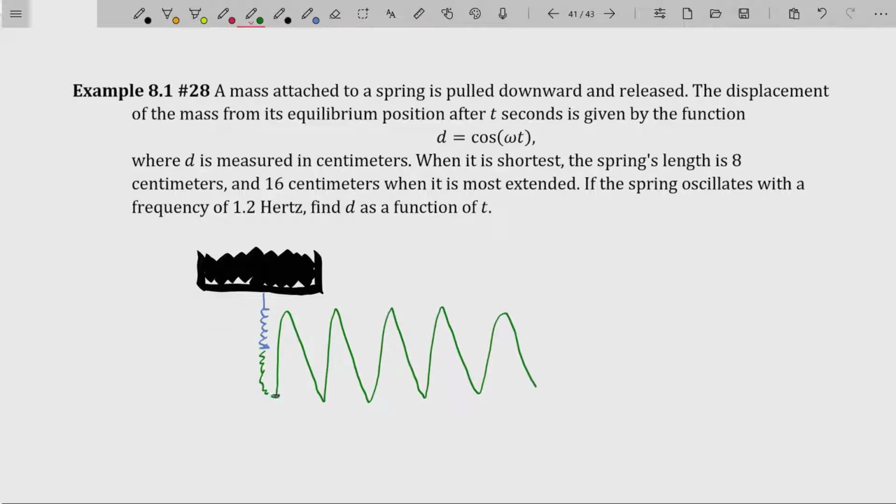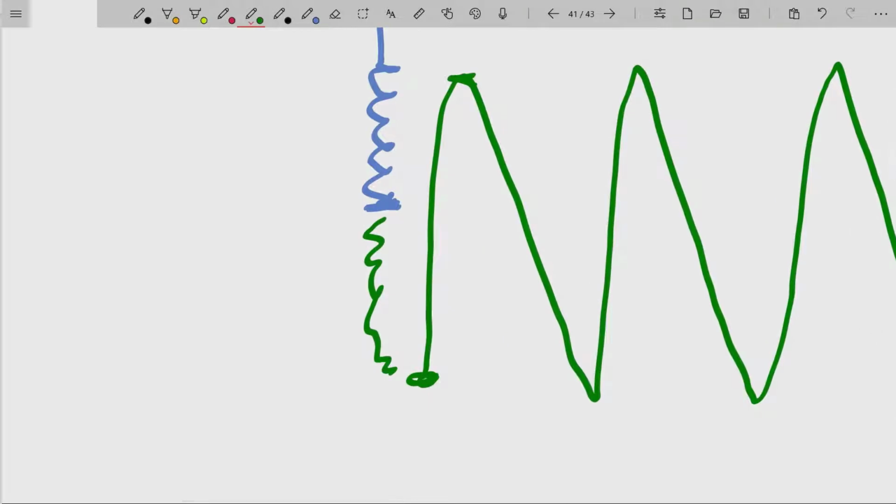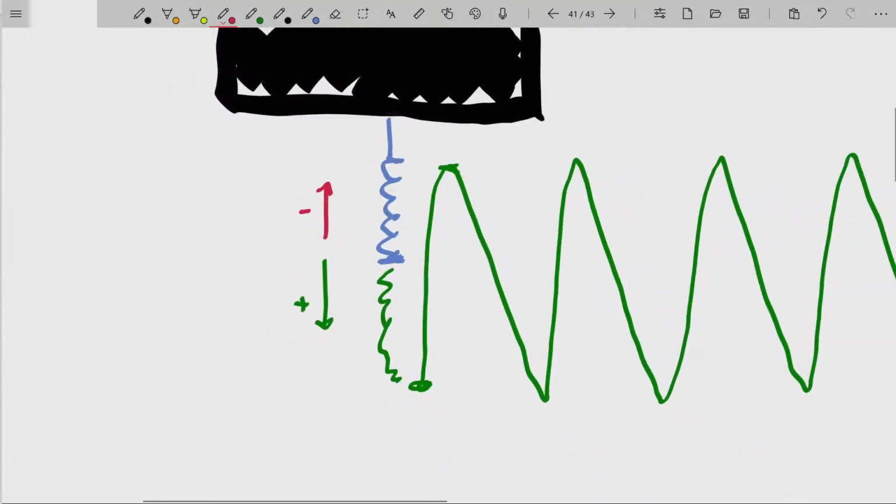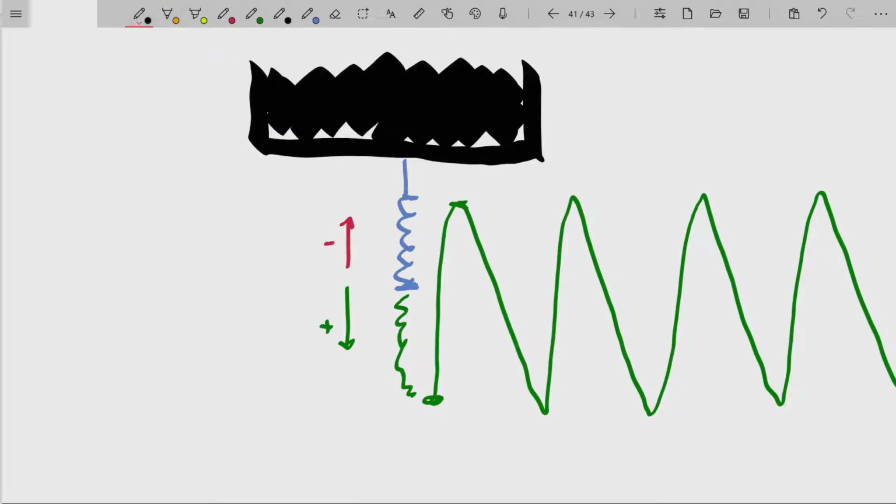Now, something to note here. In physics, it is very common to consider the downward direction to be positive and the upward direction to be negative, which is a very big frustration for students the first time they see this. A massive frustration. So just to let you know, that is going to be the case in this problem.